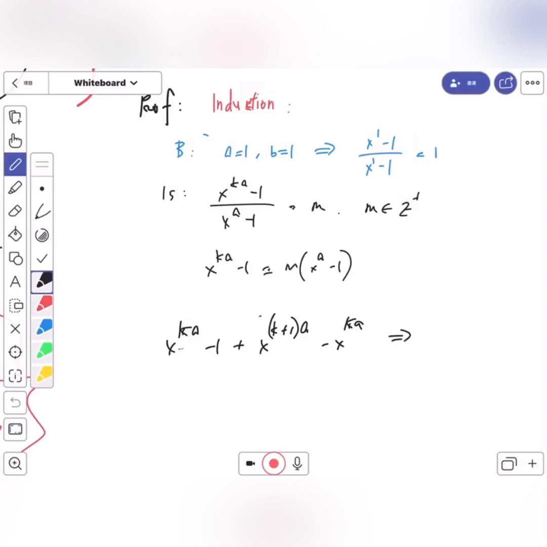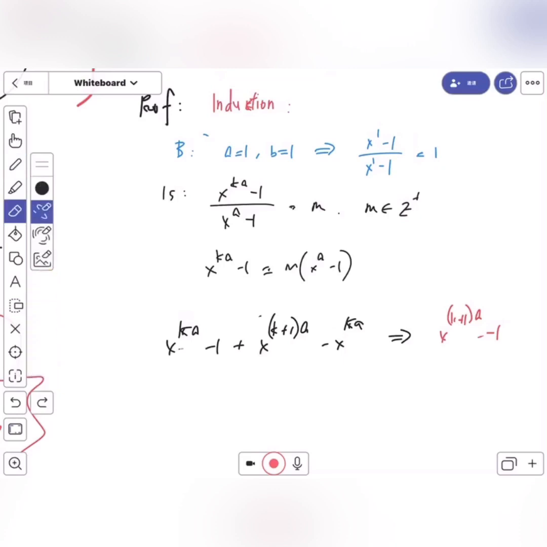Now, this is essentially the same as x to the (k plus 1)a minus 1, because these two terms essentially just cancel out. Since we add the same term and subtract the same term, we get the same result.